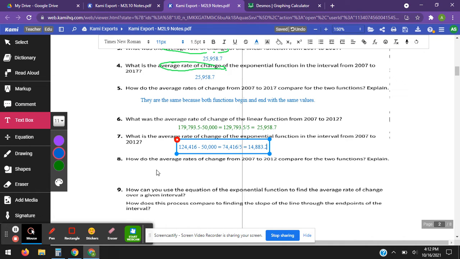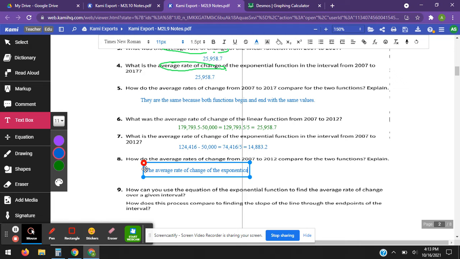Well, if I'm going to compare these guys now, the average rate of change of the exponential function is less than the linear function.